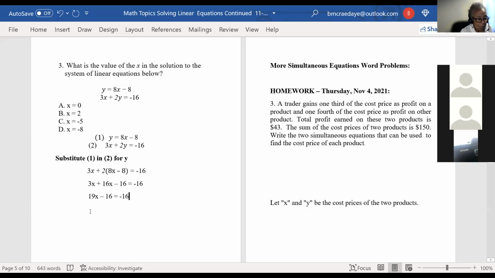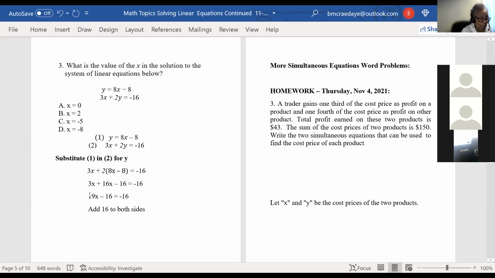You add, right? I add because I'm subtracting the constant, so I have to add it. Add 16 to both sides, right? Add 16 to both sides.